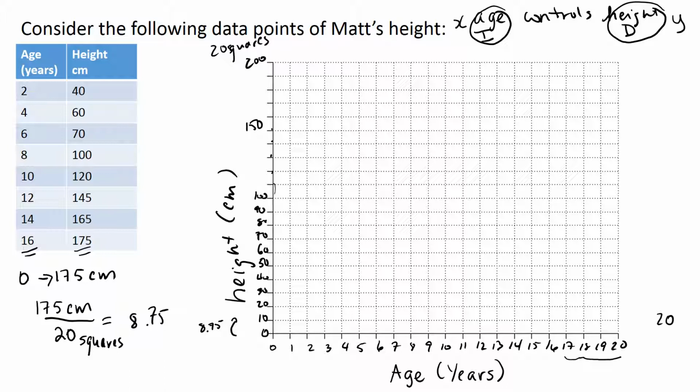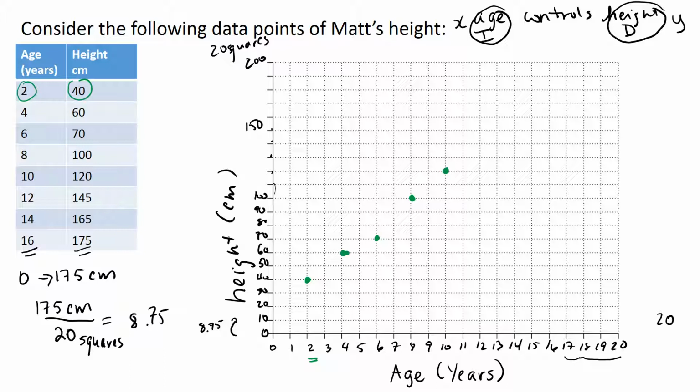So now we're going to plot these points, and I'll maybe plot these in a different color. So 2 and 40, I had to go find 2 on my x-axis and plot 40, 4 and 60, 6 and 70, 8 and 100, 10 and 120, 12 and 145.